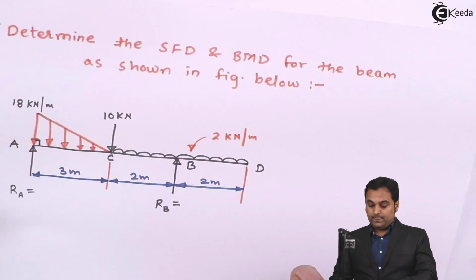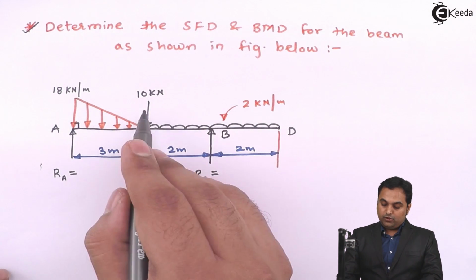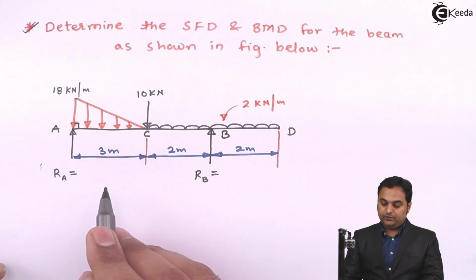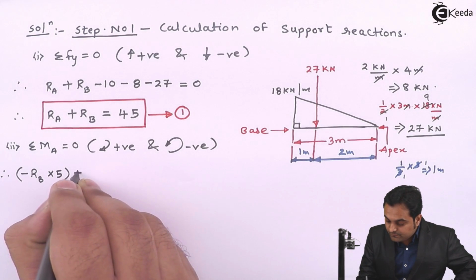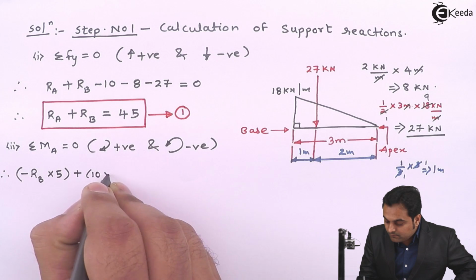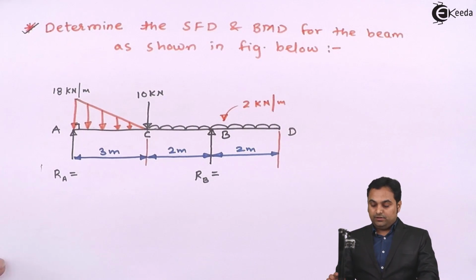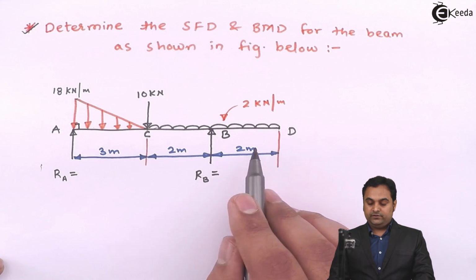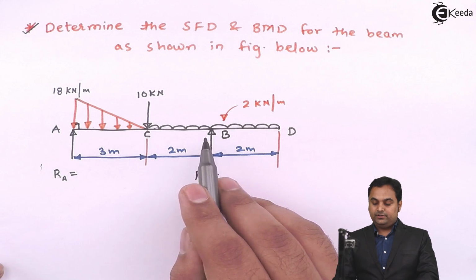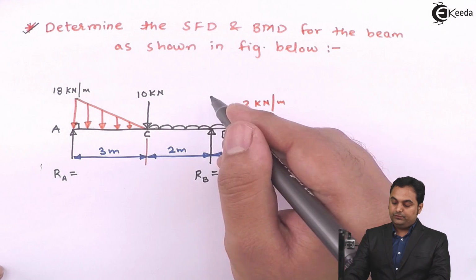Then 10 kilonewton, which will be producing clockwise moment at point A, so plus 10 into 3. Then here we have UDL, which is acting at 4 meters, its point load is 8 kilonewton and it will be acting at half of 4, so that is 2 meters.